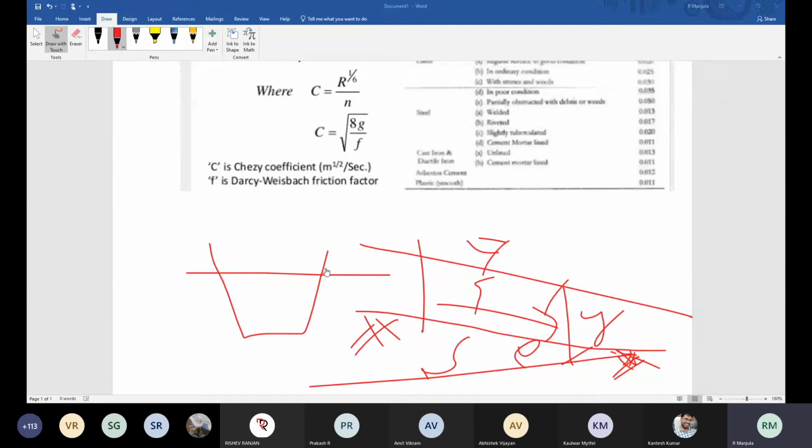Gravity force, pressure force, viscous force, turbulence force, then force due to shear, and then force due to elasticity. There are 6 different types of forces, right? Force due to gravity, force due to pressure, force due to turbulence, force due to shear, force due to elasticity.